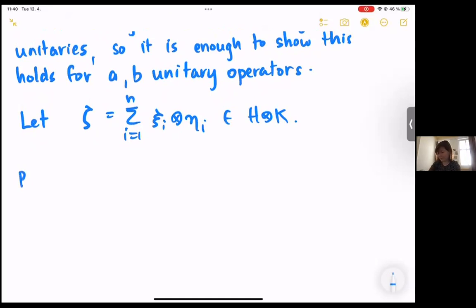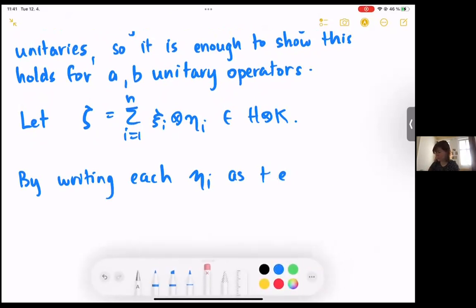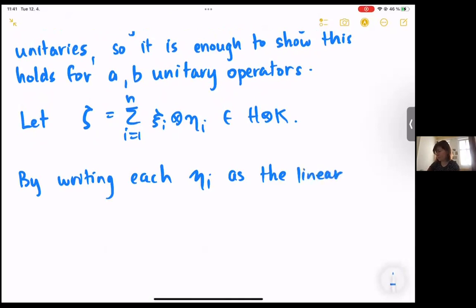So let me just write that down. We write each chi i as a linear combination.